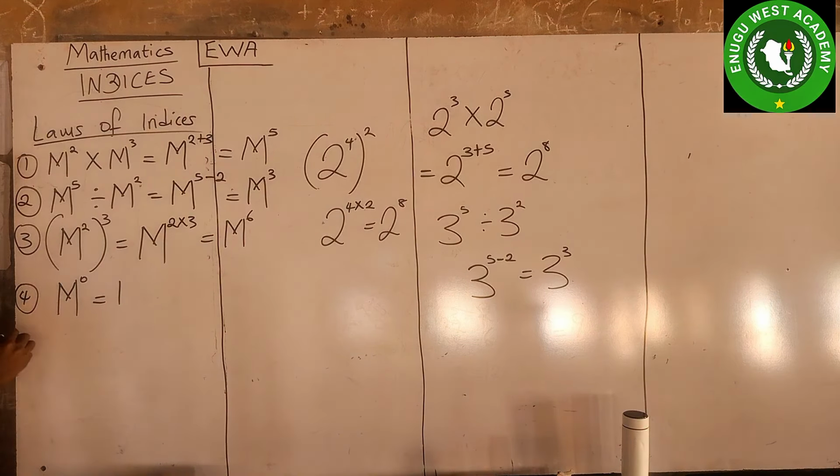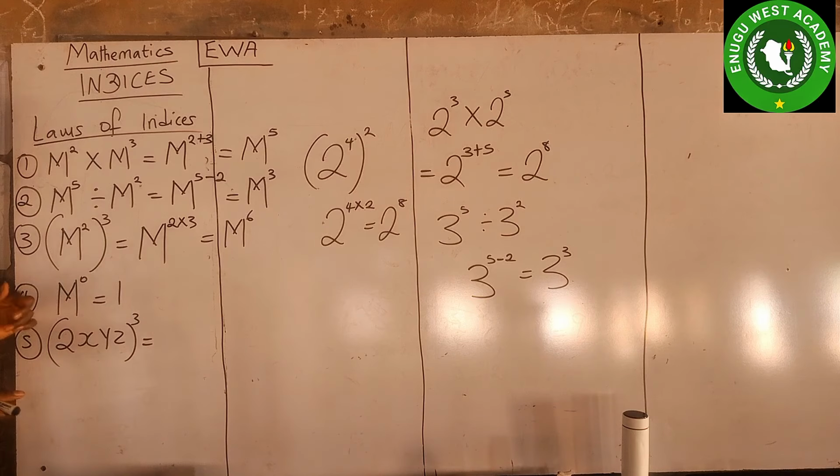Now we have the fifth law. We call it the product power law. If you have 2xyz, all raised to power 3, and you have to open this bracket, please have this in mind: this is called the product power law.